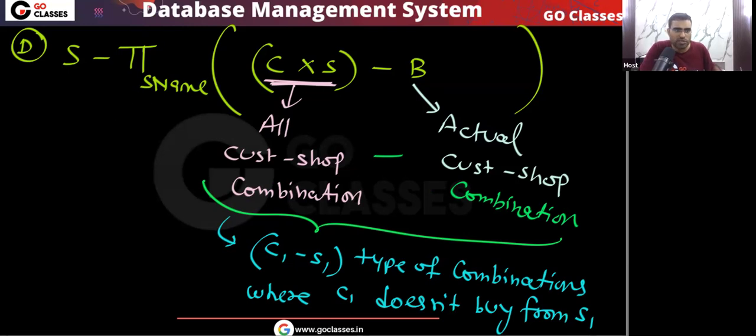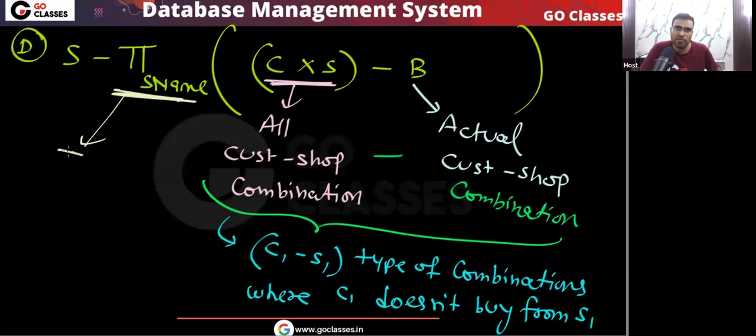Now, if you project this, what will you get? If you project the names, what are you going to get? If you project this S1, you will get those shops where at least one customer is not buying.